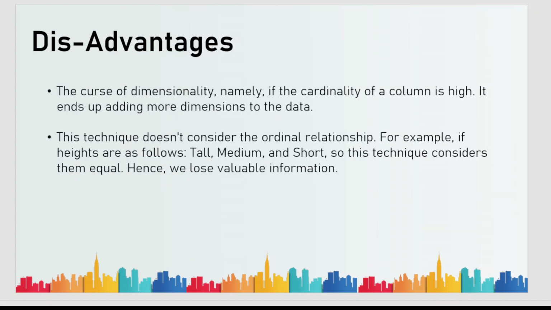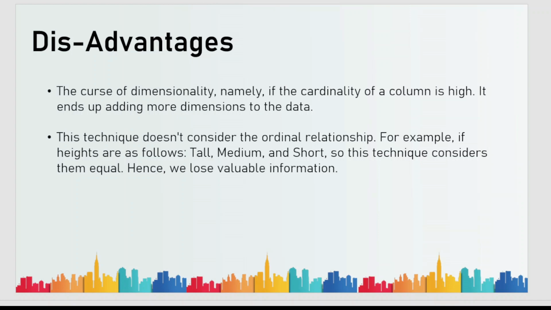Second thing, this technique does not consider the ordinal relationship among the variable's values. So if we have a height variable, we expect a relationship or order like tall is greater than medium, and medium is greater than short. So if we implement this technique, we might lose this information, which changes everything. Hence, this technique can only be applied on a nominal variable and not on ordinal variables.